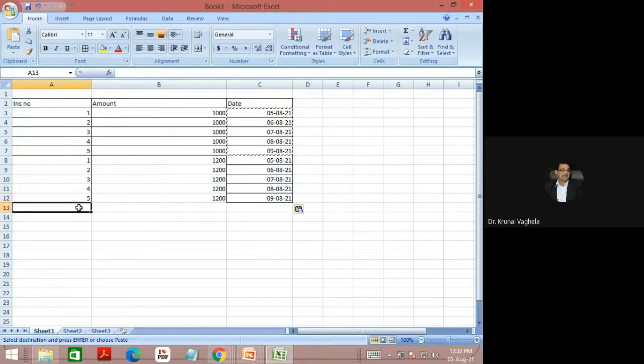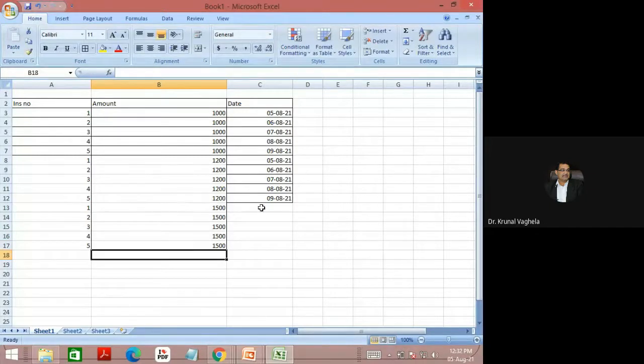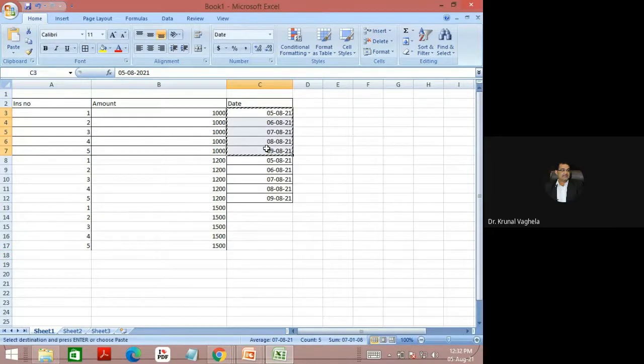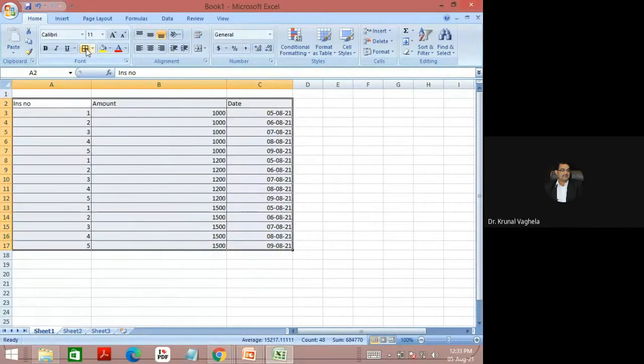This is for the third loan. And dates are same. Okay. Consider the bank is having 3 loans. These are the installment numbers, amount and the date.